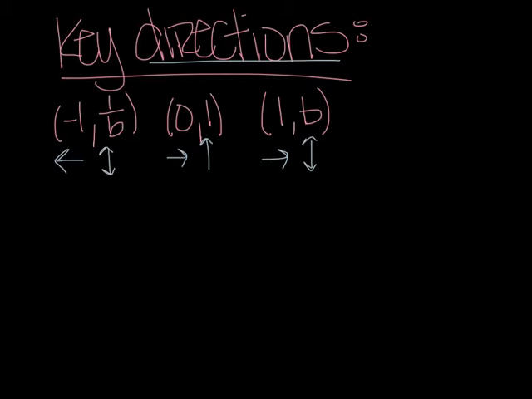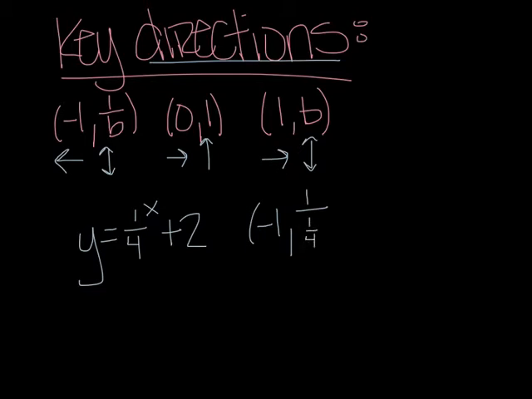So let's take a look at an equation. If we have y equals 1/4 to the x plus 2, instead of plotting points up front, let's go ahead and use our key directions and see if we can graph this out. Okay? So I know that my key directions tell me to go -1, 1 over b. So that would be 1 over 1/4.